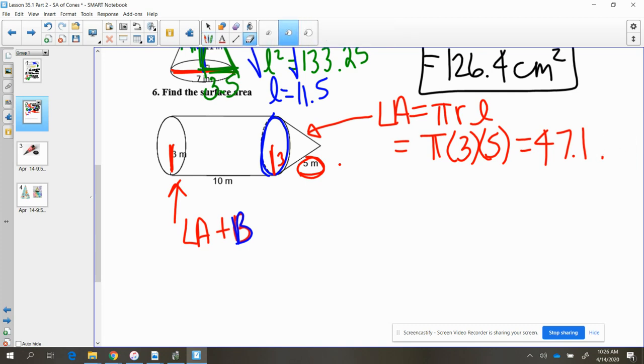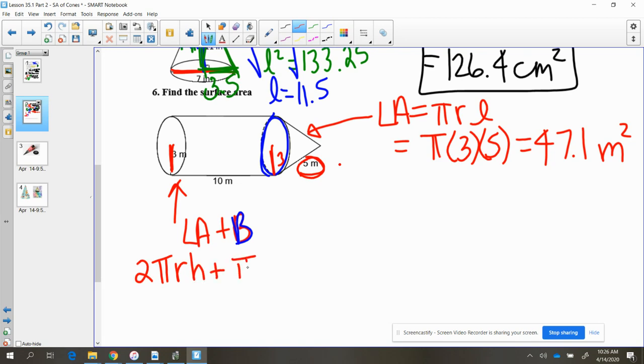And as we focus then on the cylinder, reminder with a cylinder, the surface area, or in this case the lateral area plus one of the bases, is going to be found by taking 2 pi r h, the lateral area, plus 1 pi r squared, because we only want one of the circular bases included.